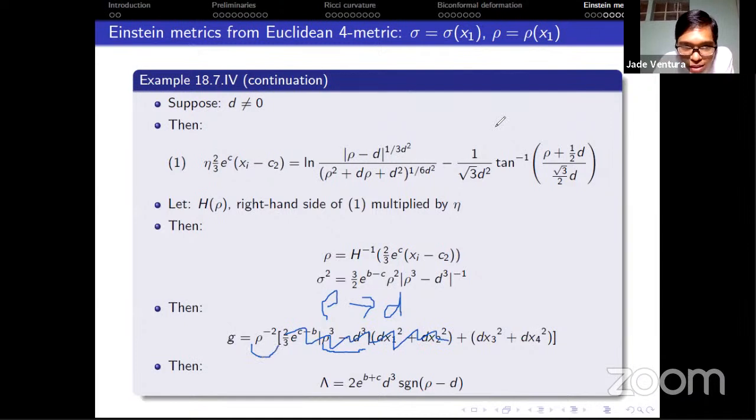So this constant times this is just the Euclidean 2 metric, the usual R2 metric. So it's asymptotically approaching R2.